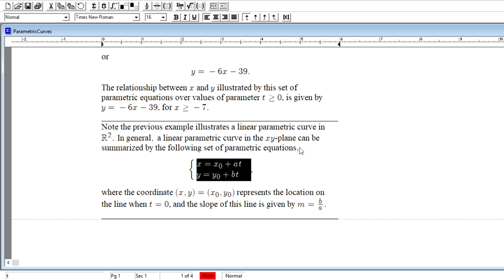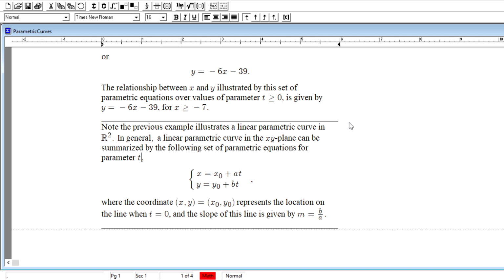For the following set of parametric equations with parameter t, x equals x null plus a times t, and y equals y null plus b times t, where t plays the role of the parameter. x null and y null play the role of an xy coordinate in space that occurs at the value of t equal to 0.